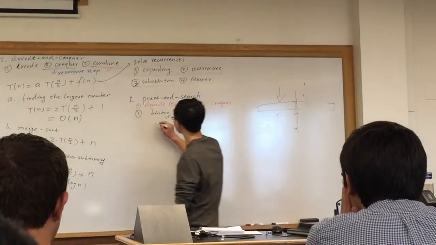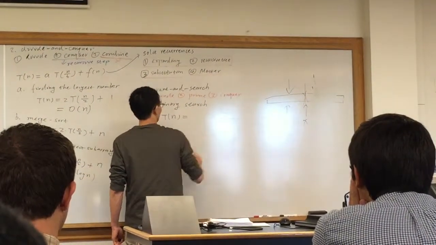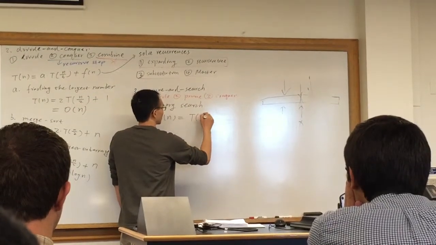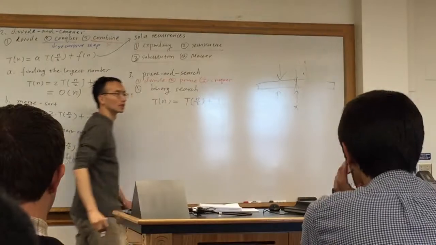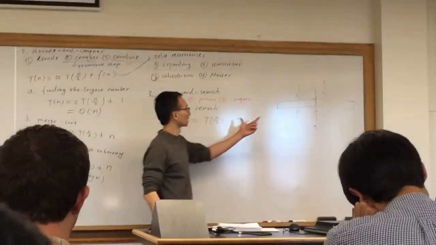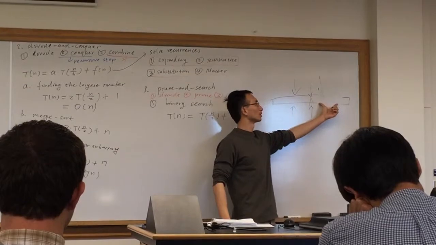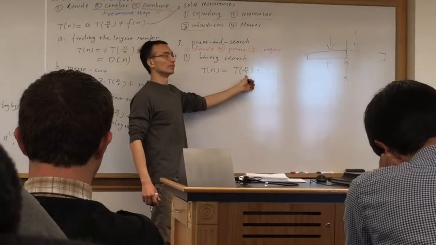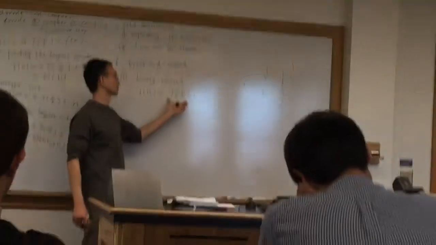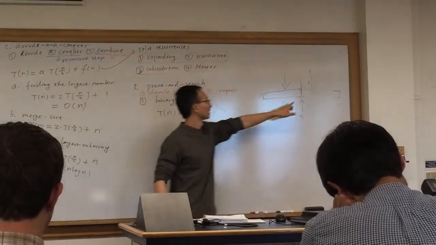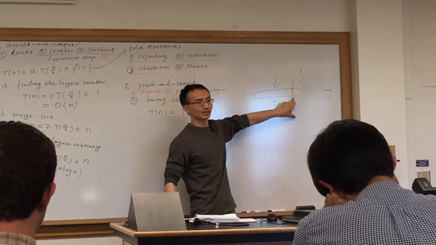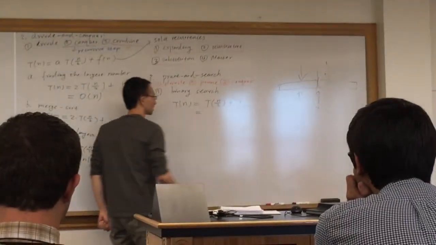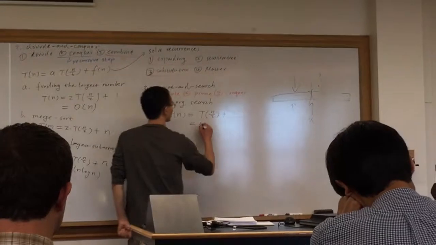So that's why we have the recurrence T(n) = T(n/2) + 1. The T(n/2) is because every time we prune half, so only another half remains, and we work on the other half recursively. And the 1 is because the comparison takes constant time. And what is the result? Log n, right? Log.